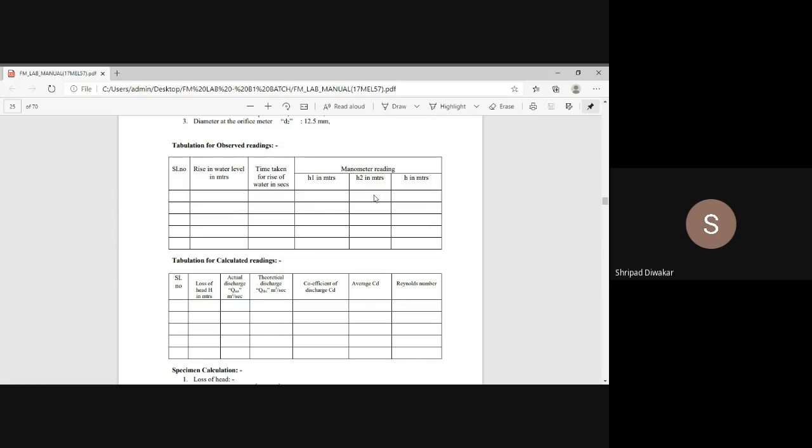Is H1 plus H2 or H1 minus H2? Minus. H is H1 minus H2.